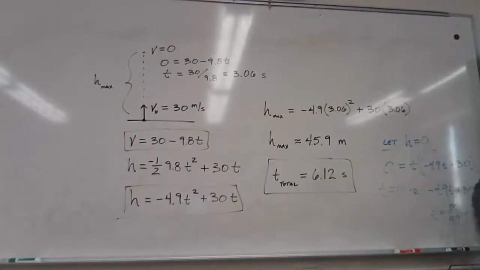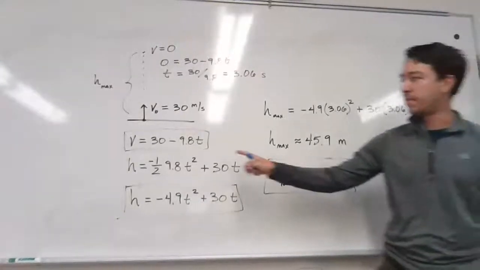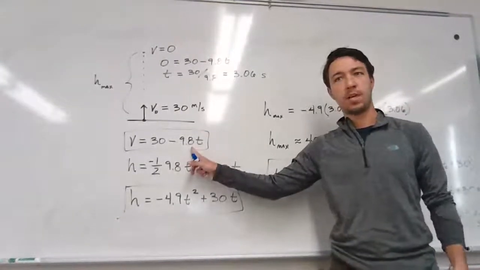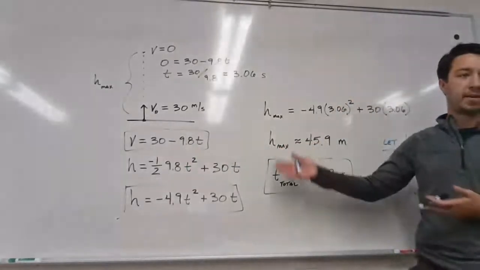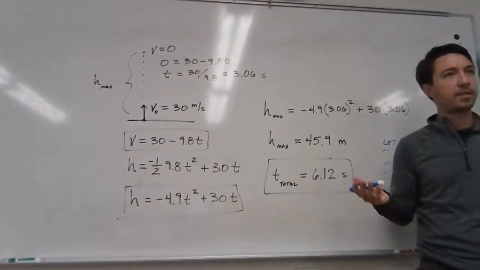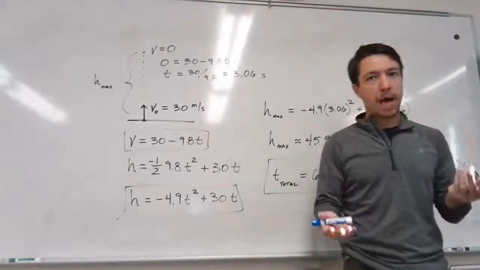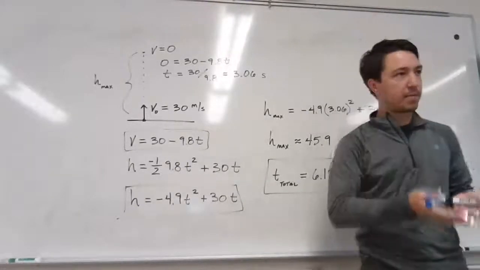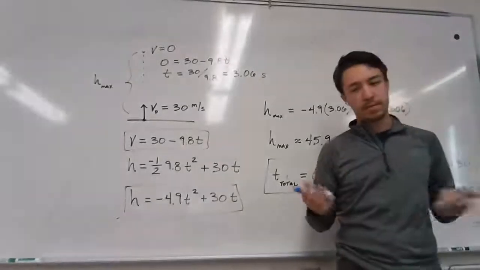Well, could I just plug my time value into my velocity function? Yeah. If you do that, you'll get negative 30. With rounding errors, you might get an answer a little bit different, but it should be negative 30 in theory. Again, nature is highly symmetrical. The time it takes to go up is the same as the time it takes to come down. The speed that it came up with is the same as the speed it came down with, etc.